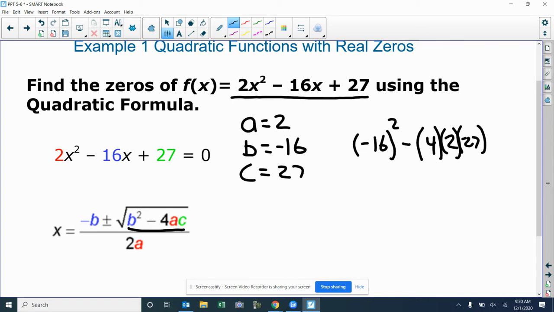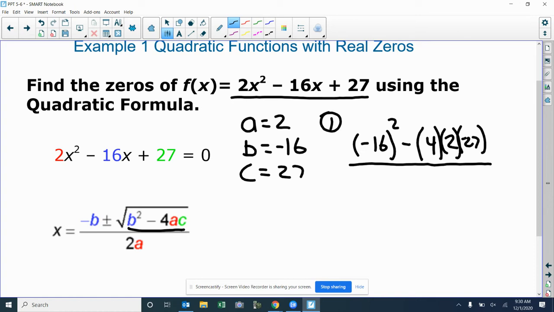Now notice I got negative 16 in brackets, and please do that because it won't quite work if you don't. So negative 16 needs to be squared. It needs to be in those brackets, because otherwise your calculator will make it a negative instead of a positive number. So first of all, step 1, okay, is to get this part right here. That's called the discriminant. Underneath this is called the discriminant.